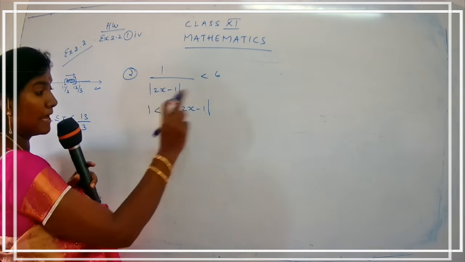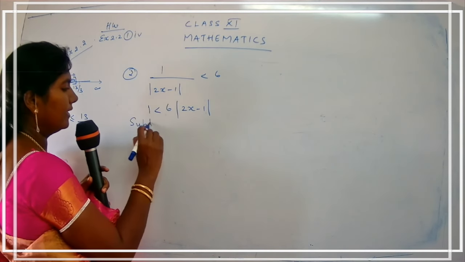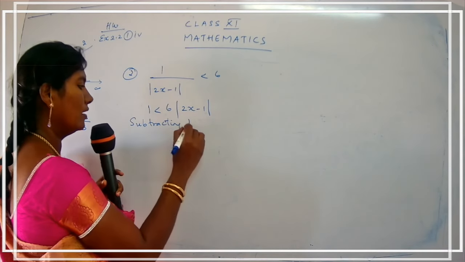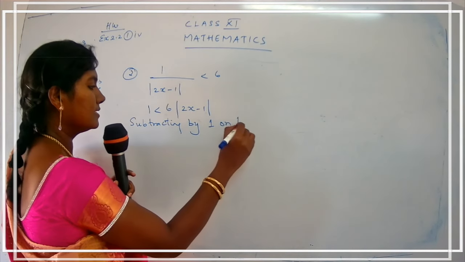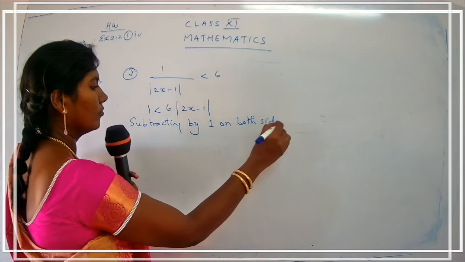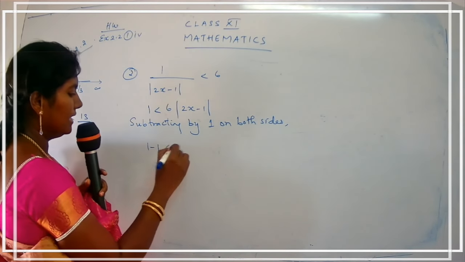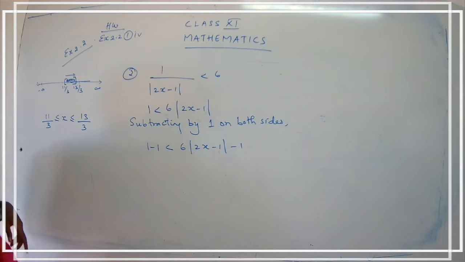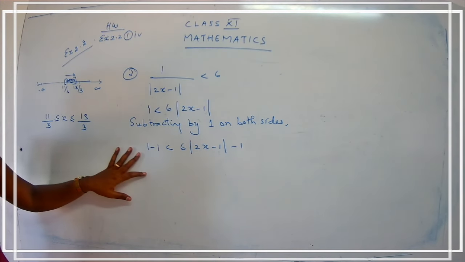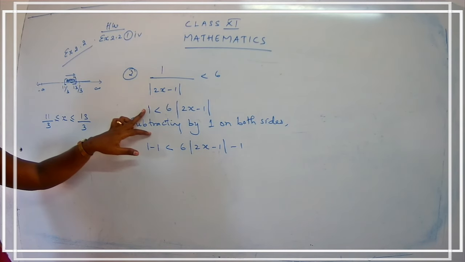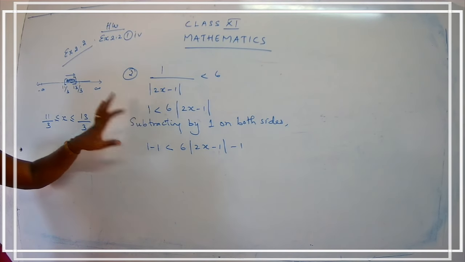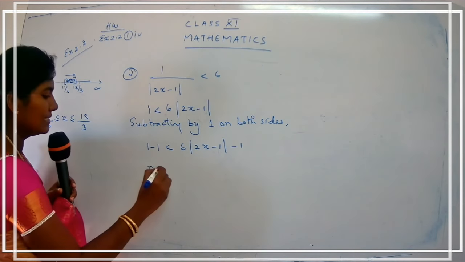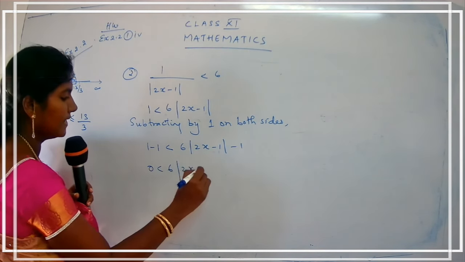So subtracting by 1 on both sides: 1 minus 1 less than 6 modulus 2x minus 1 minus 1. Why am I subtracting by 1? Because I have to make this term 0. So this is 0 less than 6 modulus 2x minus 1 minus 1.